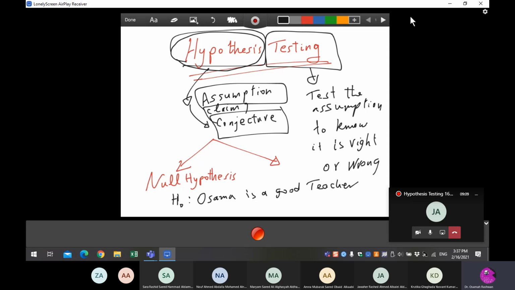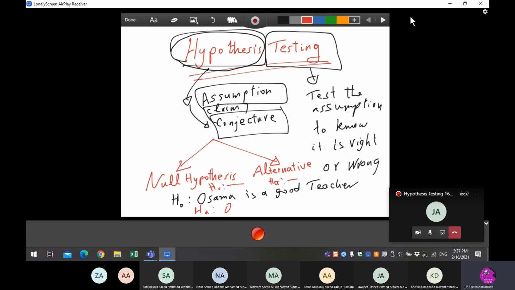You have another one called the alternative, and from the name, alternative for the hypothesis. The alternative notation is called HA, and this one we call H naught. HA will be the opposite of this one.